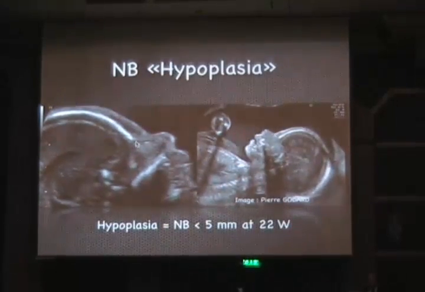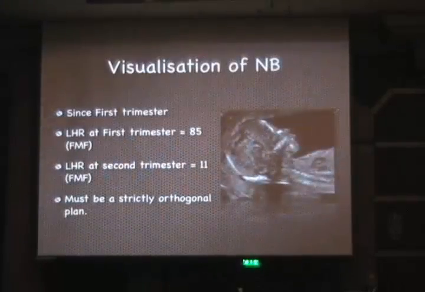As Azim explained to you, if you have hypoplasia of the nasal bone or non-ossification, you multiply the risk of trisomy 21 by 67. It means that if you have a woman with a 1 in 2,000 risk of trisomy 21 in the first trimester and you have absence of the nasal bone, you multiply her risk of having trisomy 21 by 67.